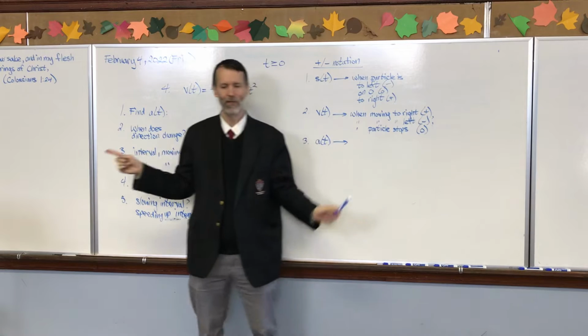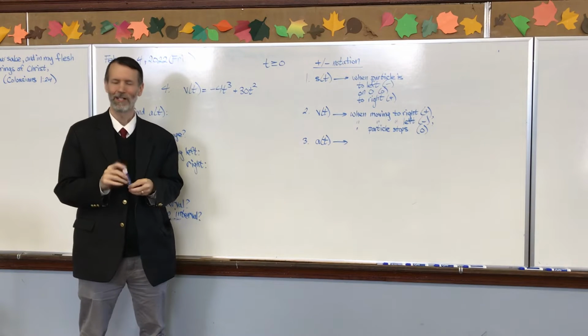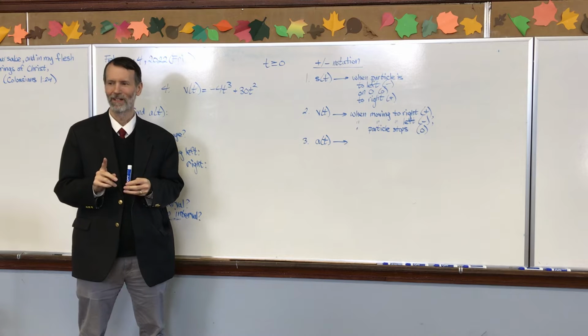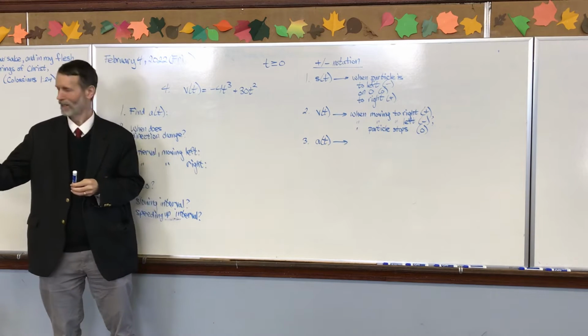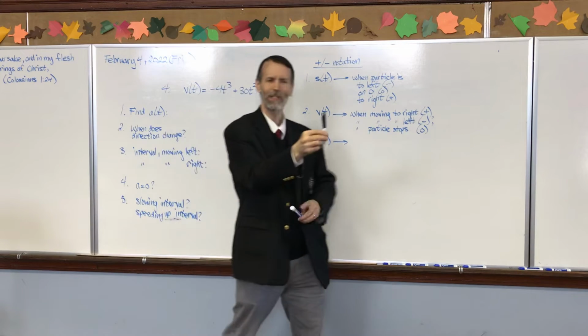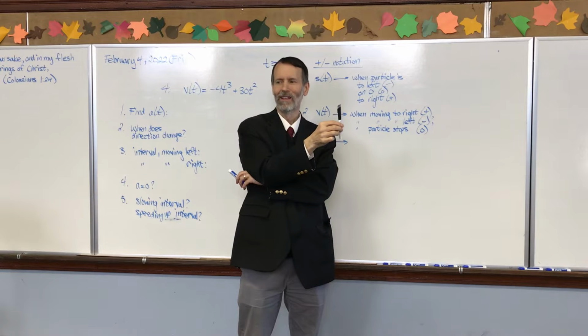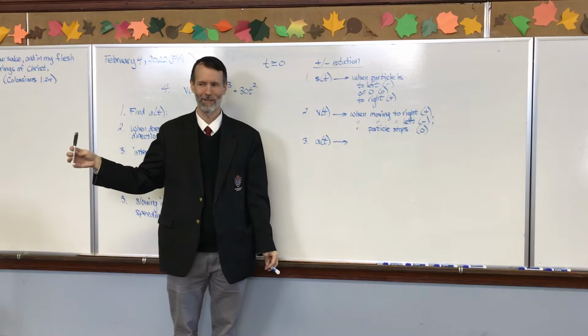What's happening over time, what's the particle going to do? If the acceleration is positive, in other words, if the velocity is 10, and then 10, and then 10, and then 10, what's the acceleration? 0. What if the acceleration is positive? What's going to happen?